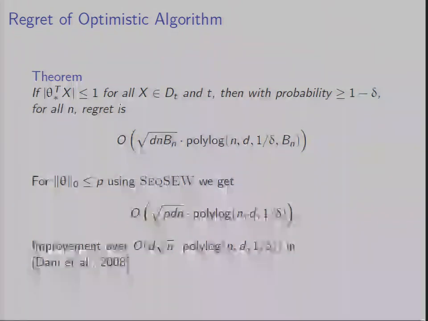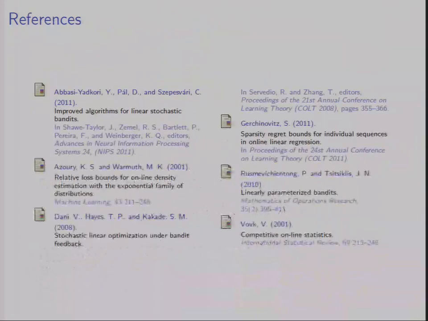And so if we plug the Gerchinovitz algorithm into our framework, we are able to reduce the regret of the bandit algorithm by a square root of d factor and replace that factor by the square root of the sparsity of theta. So I guess that's it.